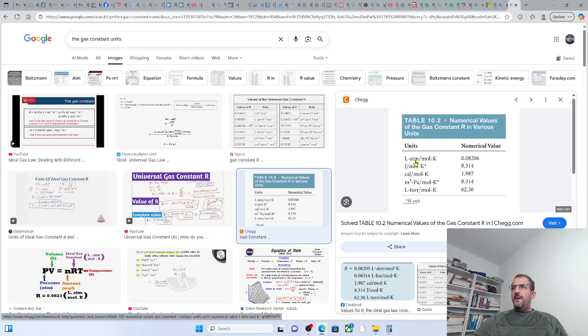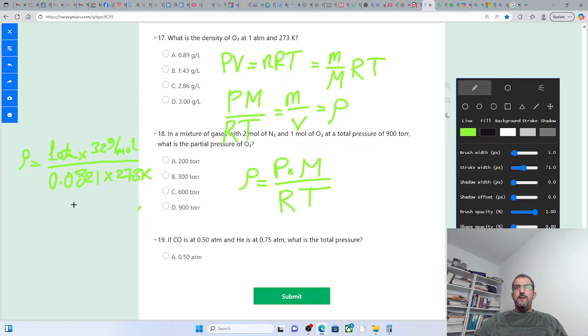Liter atmosphere per mole Kelvin. So I'm going to come back here. The unit for the gas constant is liter atmosphere per mole Kelvin, and the gas constant is 0.0821.